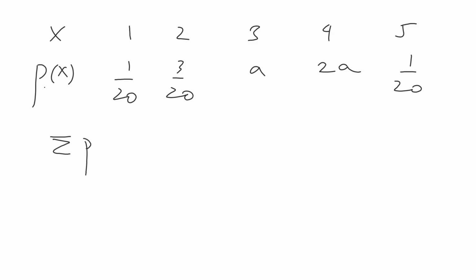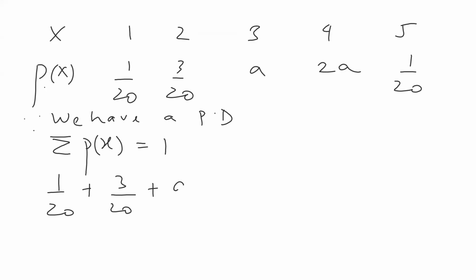So summation of p of x is equal to 1, since we have a probability distribution. Like write full forms in your exam. So 1 by 20 plus 3 by 20 plus a plus 2a plus 1 by 20 is equal to 1. So all the probabilities we have added and it is equated to 1.